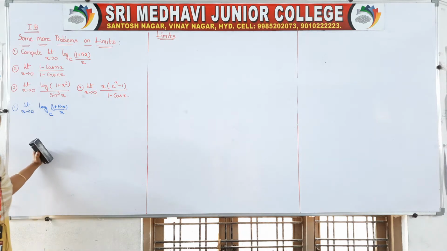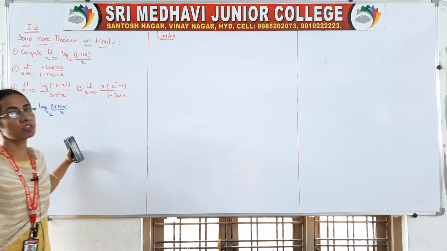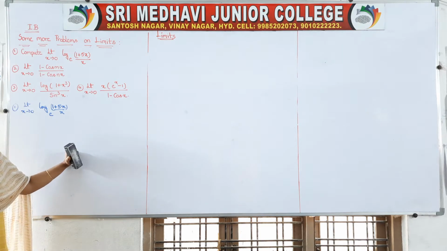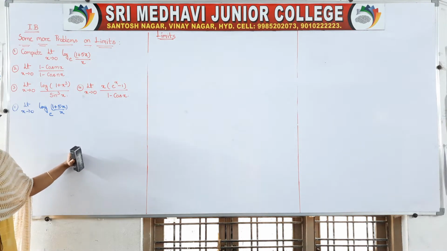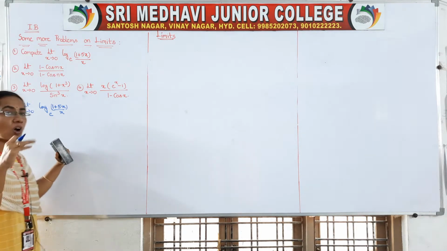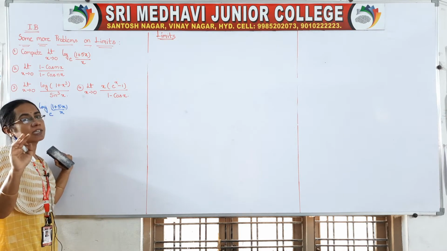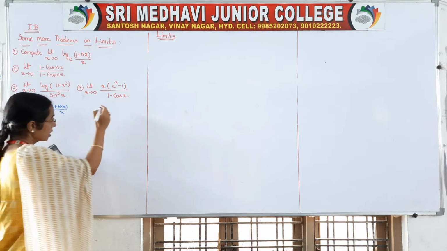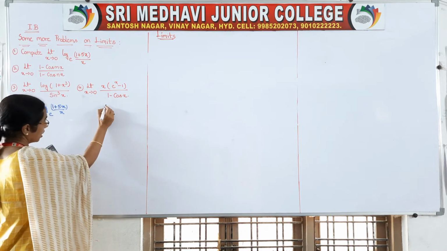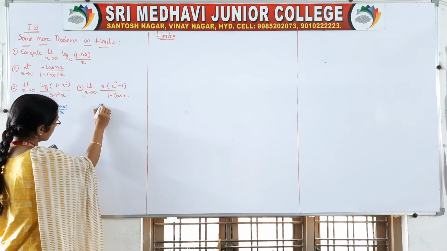So in the fourth method we solved some problems by using standard results. Standard results means some standard formulae in limits, right? Already derived formulas, we just take them as standard formulas. So in that, a log formula is there. What is that?